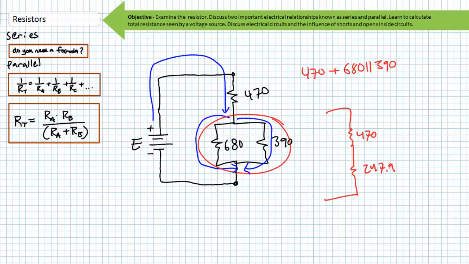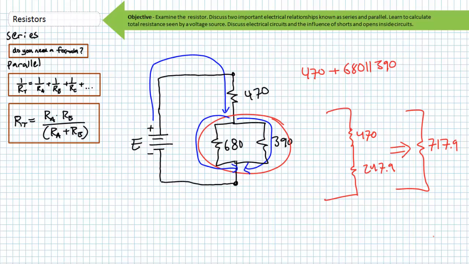If a 247.9 ohm resistor is in series with a 470, this can be further simplified as a total resistance of 717.9 ohms. Again, if you ever approach a series parallel arrangement, imagine as if you're current traveling through a circuit. If you must go through something, it's in series. If you have a choice of going through something, it's in parallel.